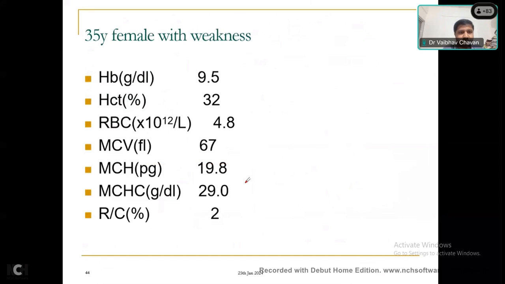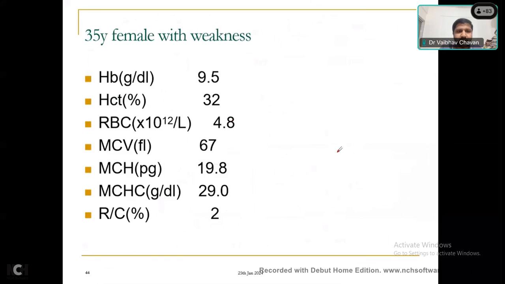MCH is reduced. And retic count is normal, ma'am. Okay, so anything you can pick up from here? Can you suspect a hemoglobinopathy in this? Yes, ma'am. Likely thalassemia. Why? What is the clue by which you can say there is a hemoglobinopathy?